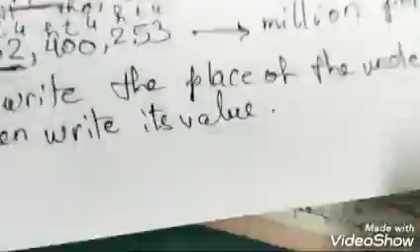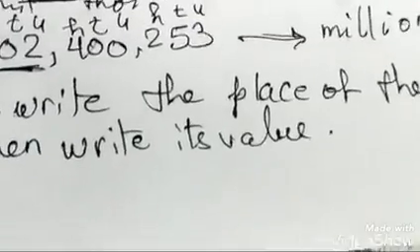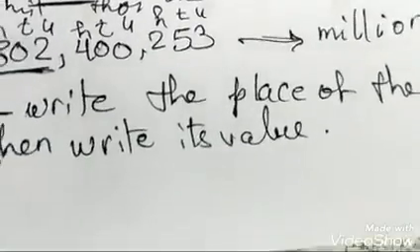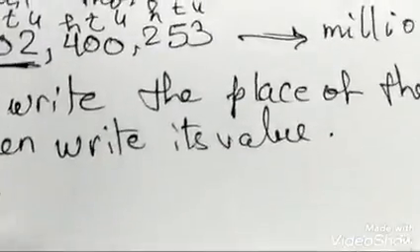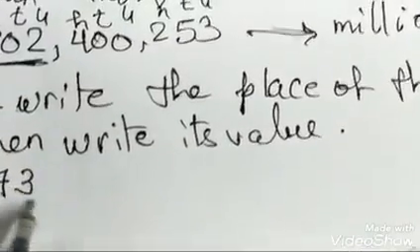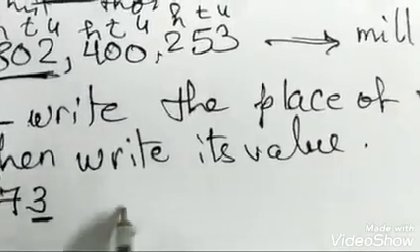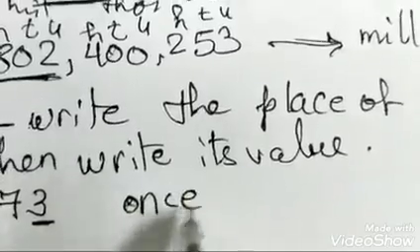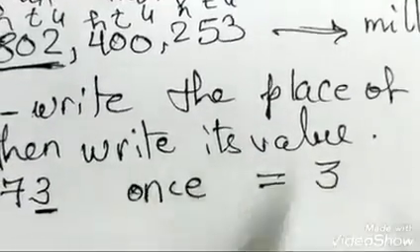Okay, it means I have to write the place value and then write the value of it. First, 73, and the underlined is 3. This is the ones, the place value is ones, and the value equals what? It equals 3 only.